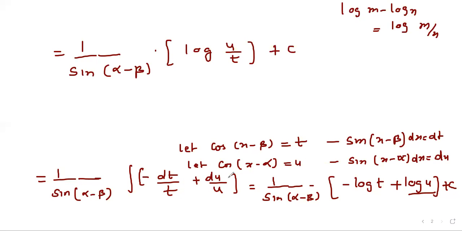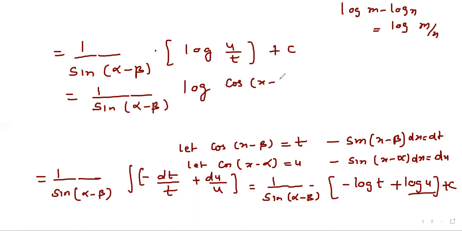Now u equal to cos x minus alpha and t is cos x minus beta. So it will become 1 upon sine alpha minus beta times log of cos x minus alpha divided by cos x minus beta plus c, which is our answer.